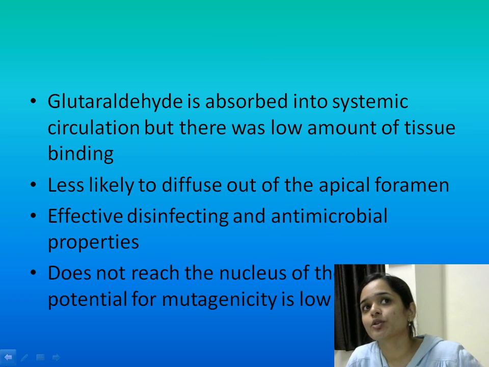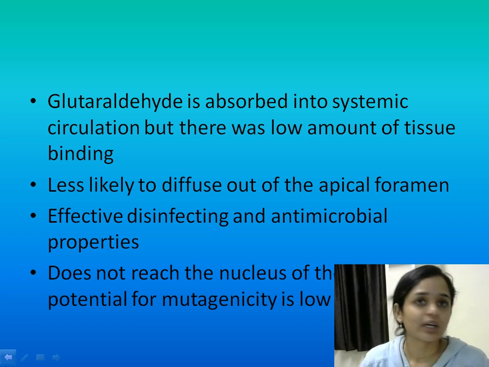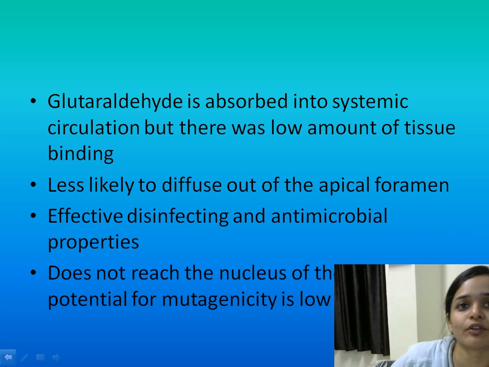Glutaraldehyde is absorbed into systemic circulation, but there was a low amount of tissue binding and it is less likely to diffuse out of the apical foramen.